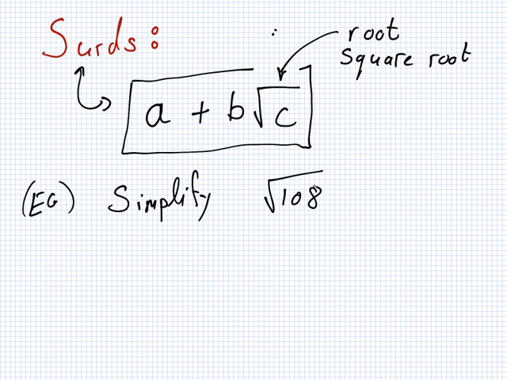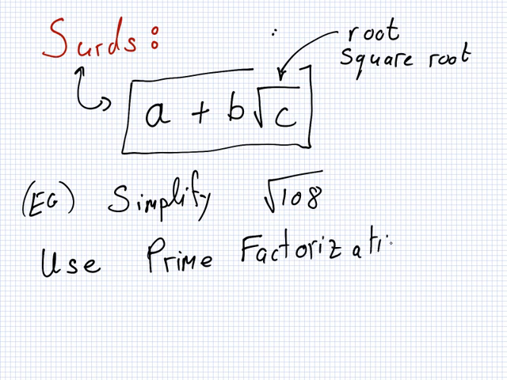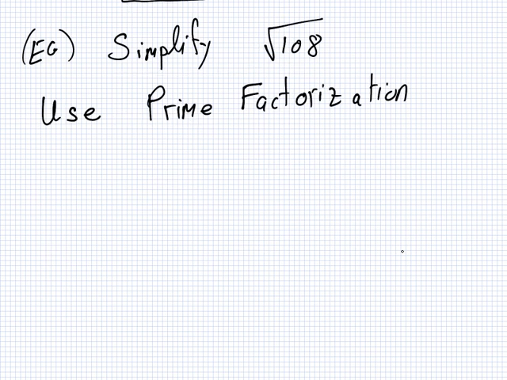There are different ways to do it, but the way I like to show people is to use something that they learned probably in elementary school, but you might not have known its name: prime factorization. I'll scroll down here.